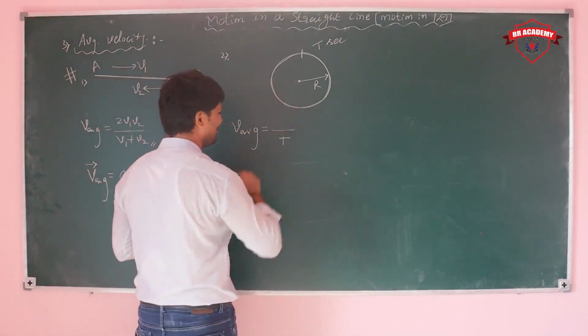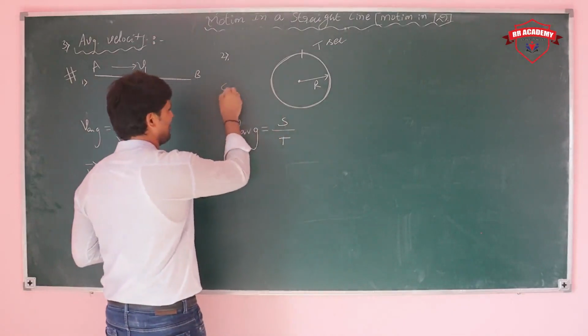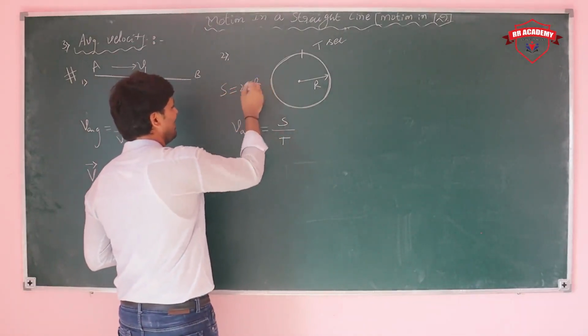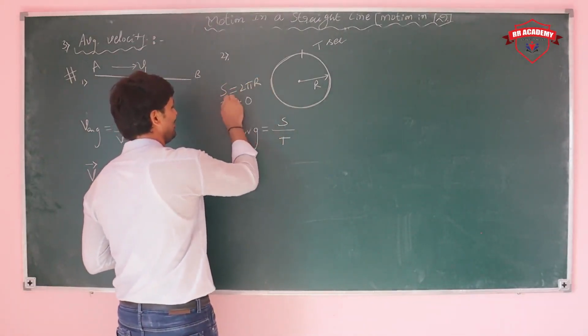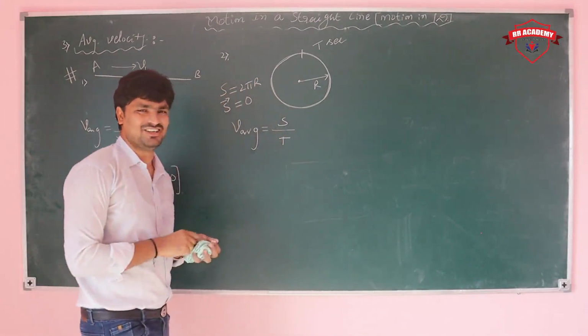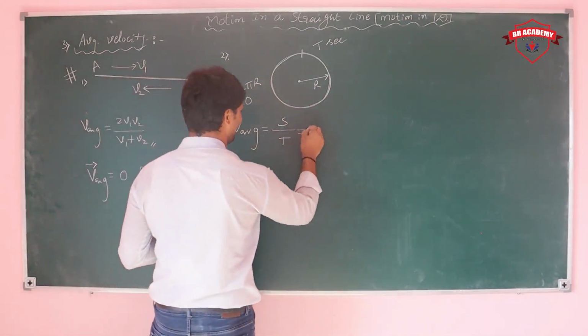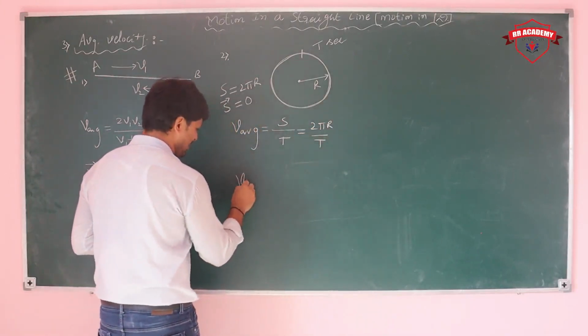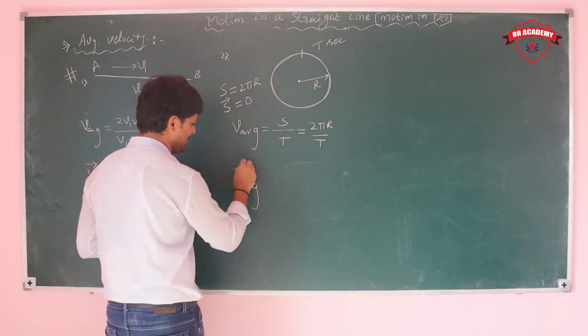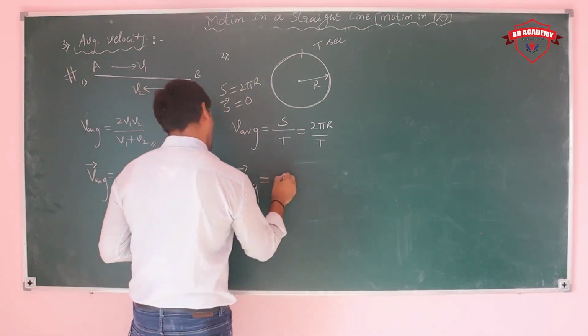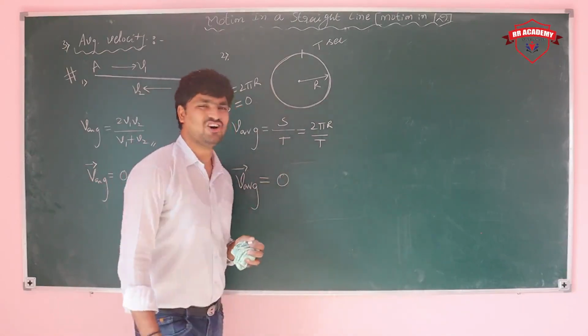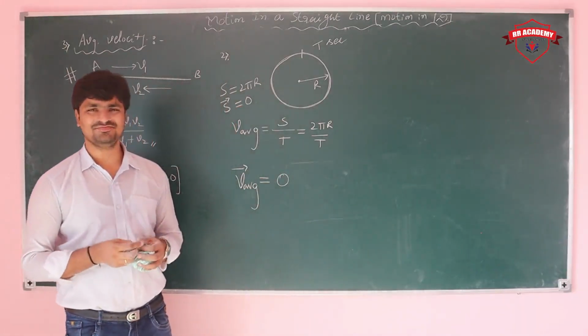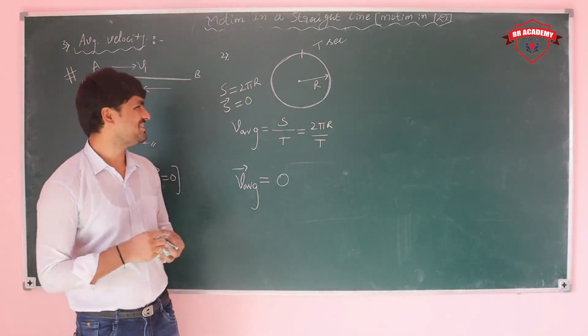Distance is 2 pi r, displacement is 0. So average speed is equal to 2 pi r by t, and average velocity is equal to 0, because the total displacement is 0.